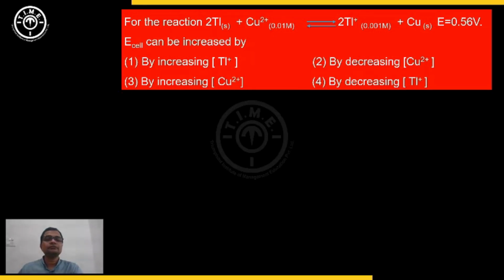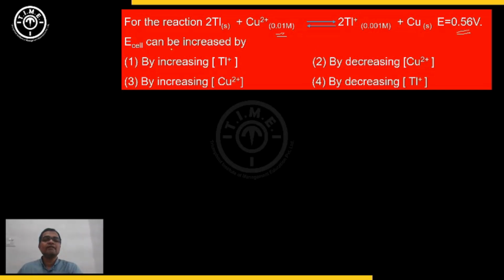Next, for this reaction, thallium reduces Cu2+ ion to Cu and itself gets oxidized. Cu2+ ion concentration is 0.01 molar and thallium plus ion concentration is 0.001 molar. EMF of the cell is 0.56.